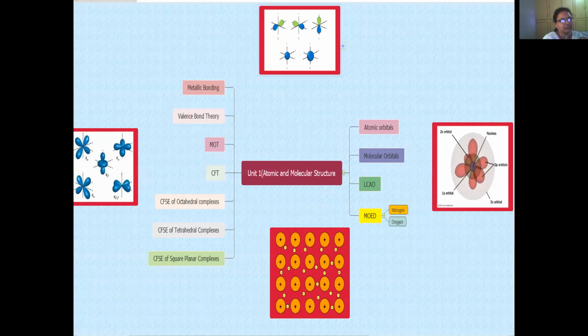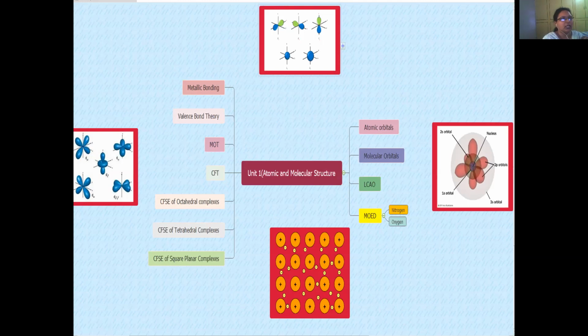Then we went for atomic and molecular orbitals. Atomic orbitals, that is s, p, d, f, and molecular orbitals, bonding and anti-bonding, that is sigma bond formation and pi bond formation.